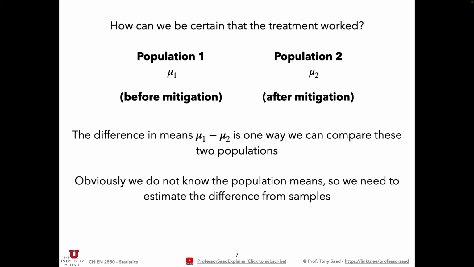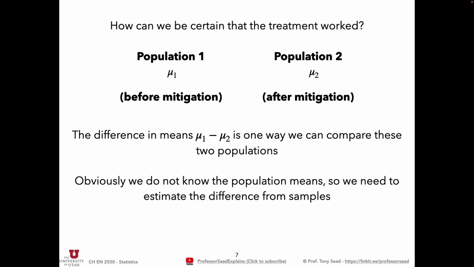Well, you could say, okay, from my first population, I have a mean value mu1, or call it sample 1, and a second population after mitigation is mu2. So I want to think of the population as all radon levels across all days of the year, across all years of my life.